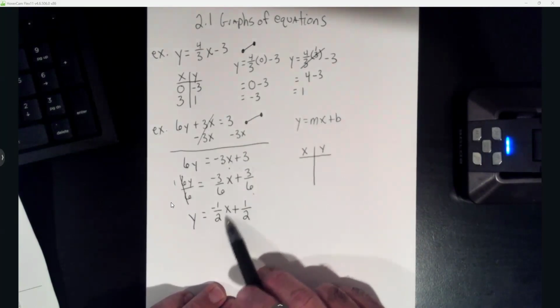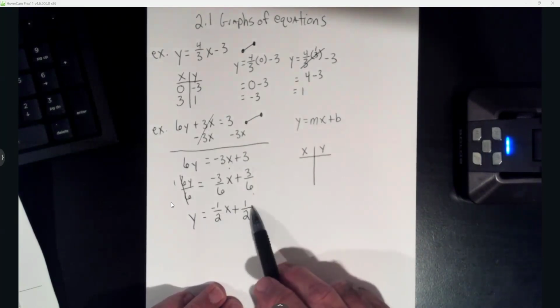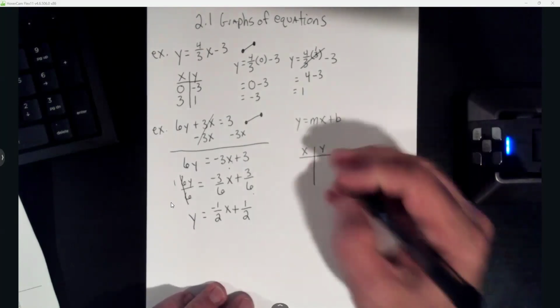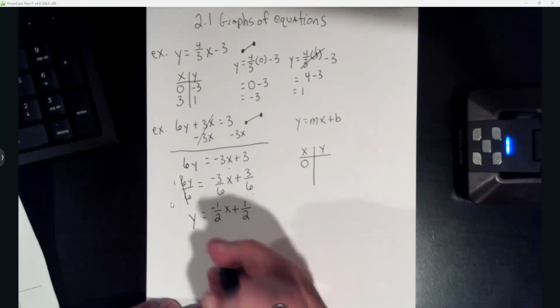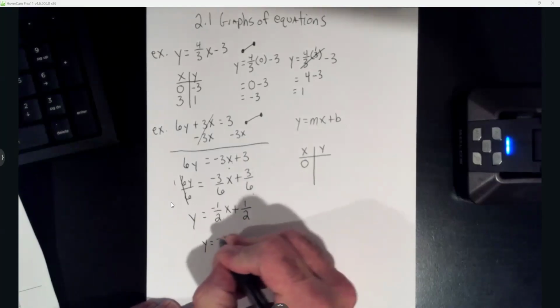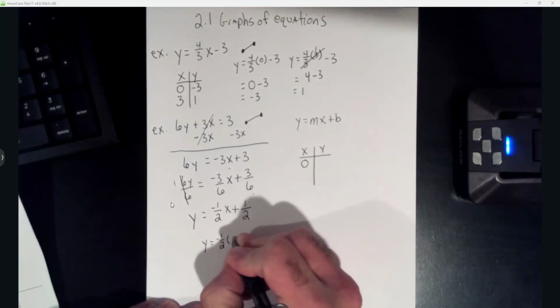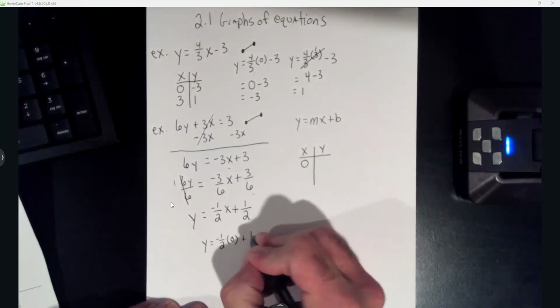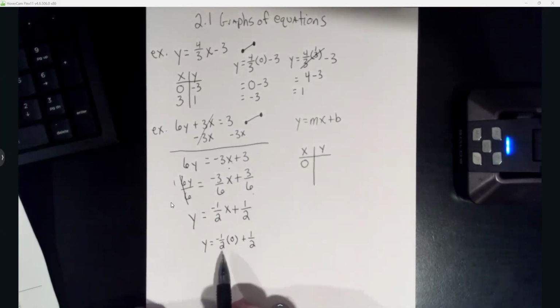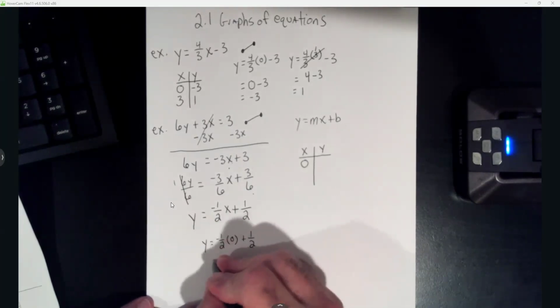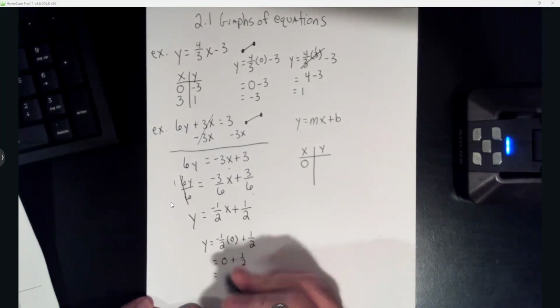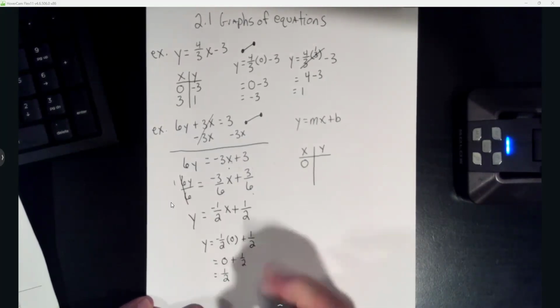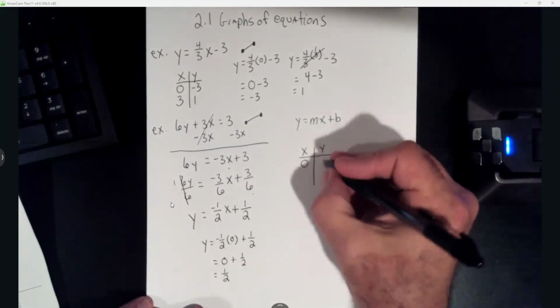Here, no matter what I do to this fraction, I still got this fraction sitting right here. So I would still use 0, but y'all look here, when you put in a 0, you get negative 1/2 times 0 plus 1/2. Negative 1/2 times 0 is 0 plus 1/2. So I got no choice for that y value to be a 1/2.